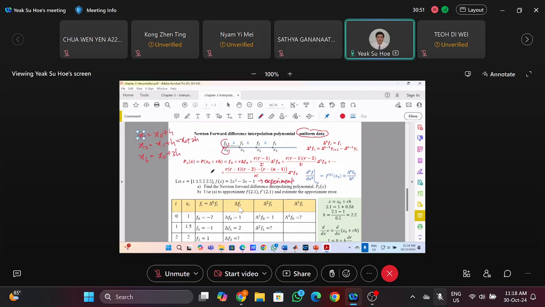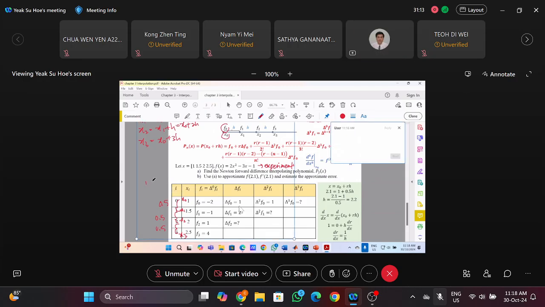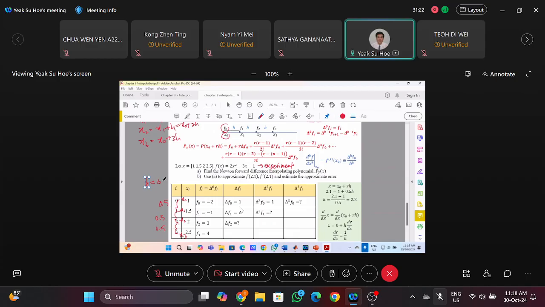So this is x0, x1, x2, and x3. From here to here the increment is 0.5, and again 0.5, and again 0.5. So h is the increment, delta x.